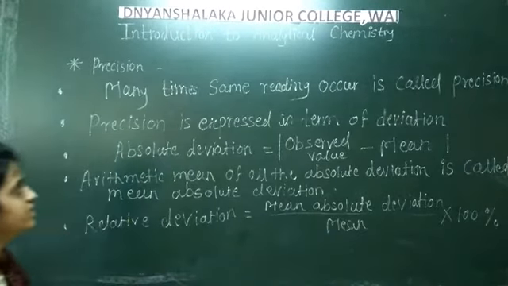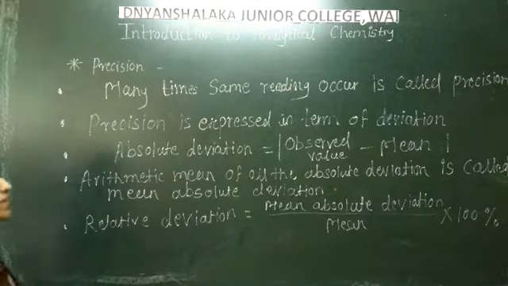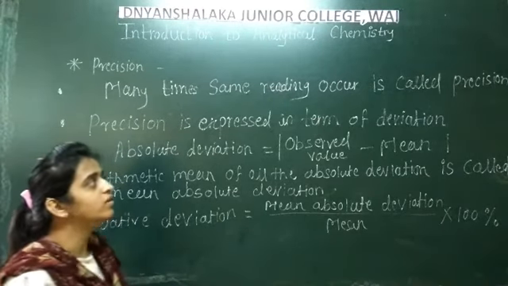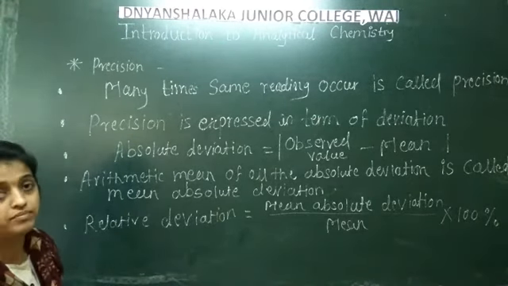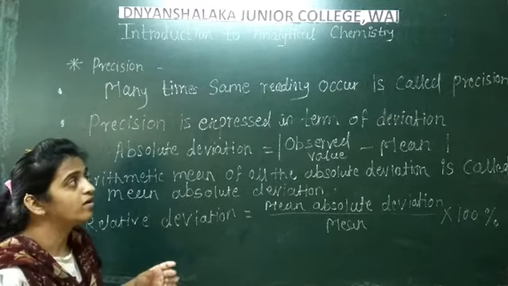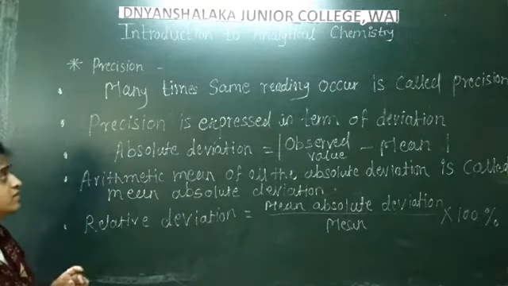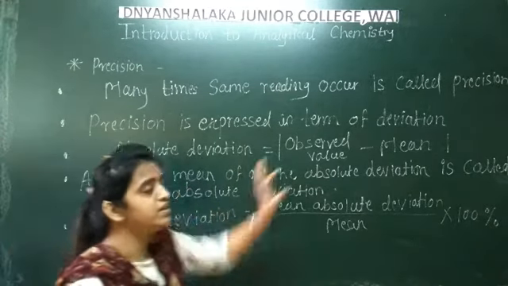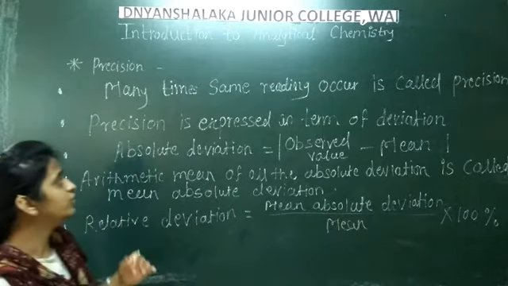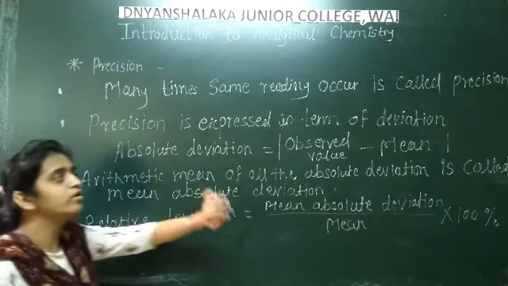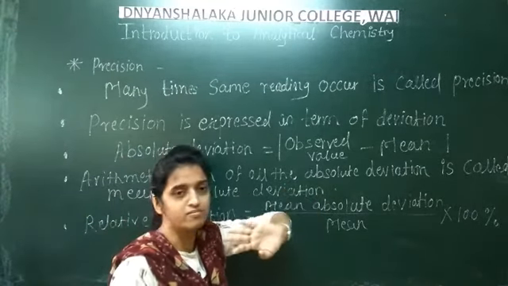Next concept, precision. Precision means many times the same reading occurs, which is called precision. Precision is expressed in terms of deviation. Absolute deviation is the modulus of observed value minus mean.